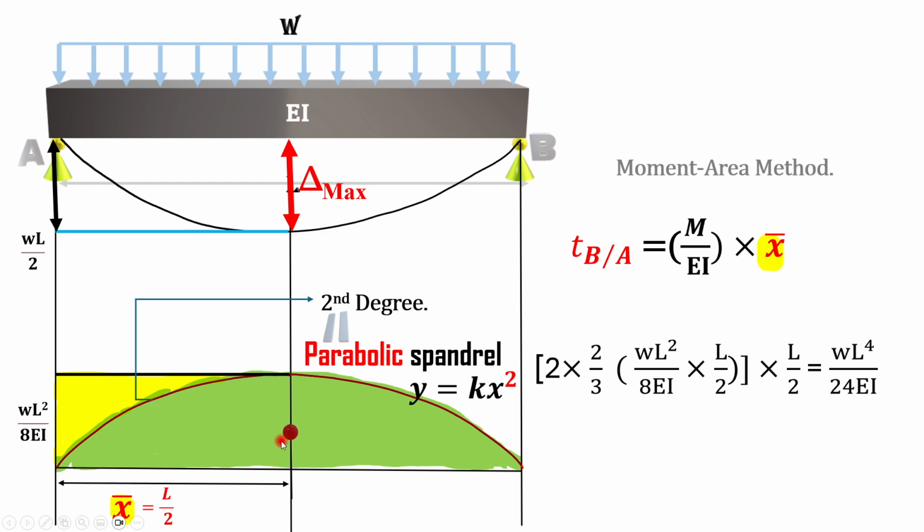We have two of them, then times the distance from the centroid to B, which is L over 2, and it just gives us T B, the tangential deviation of B with respect to A, equal to WL to the 4 over 24 EI.